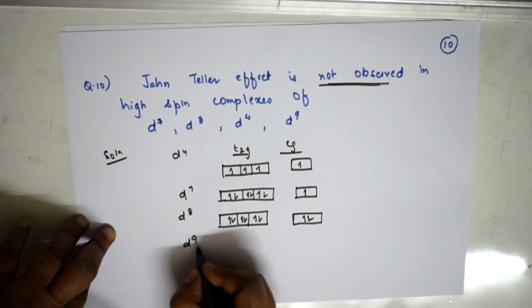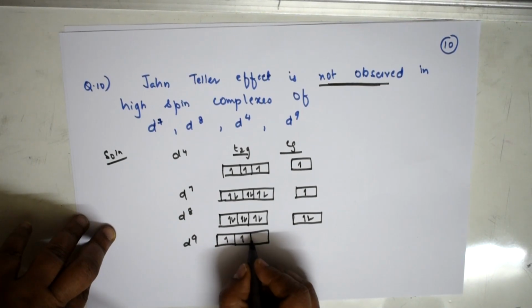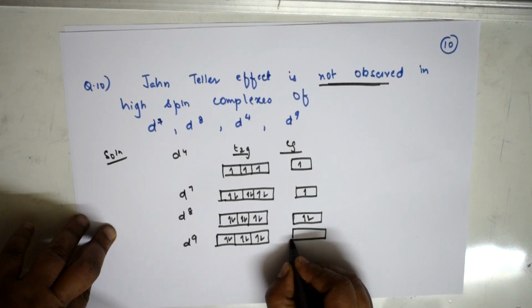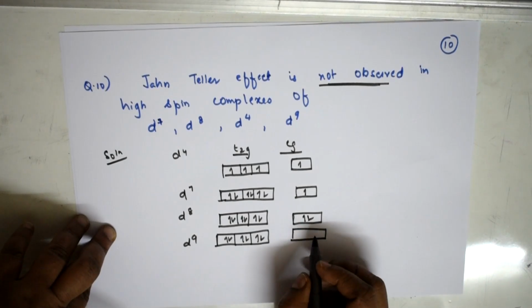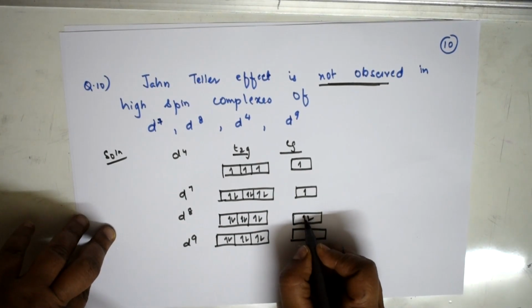For d9: t2g 1 to 6, and next comes your eg. I think this is wrong, no? Half, I have to draw here.